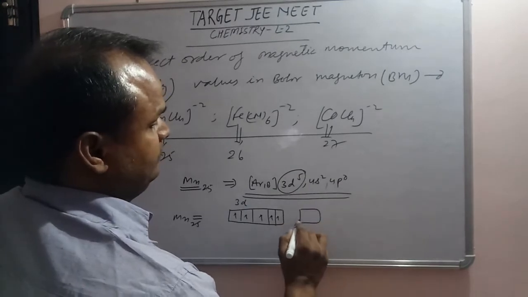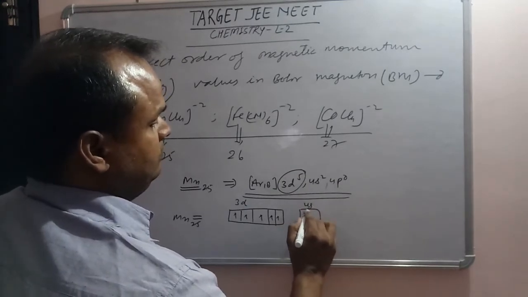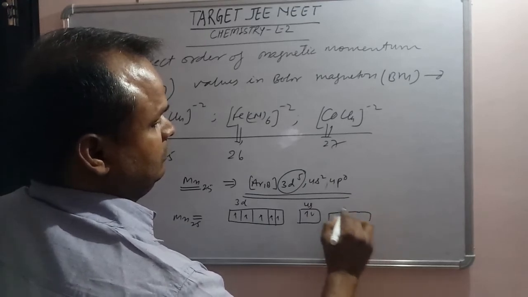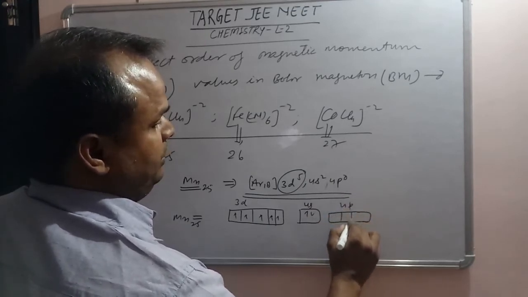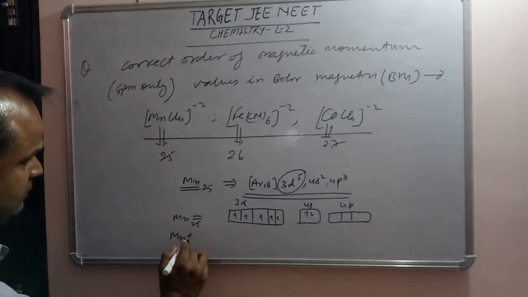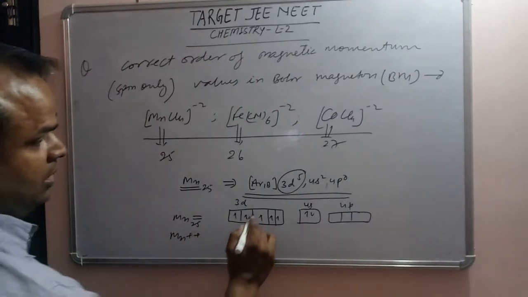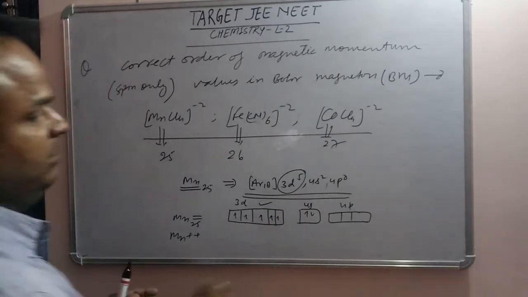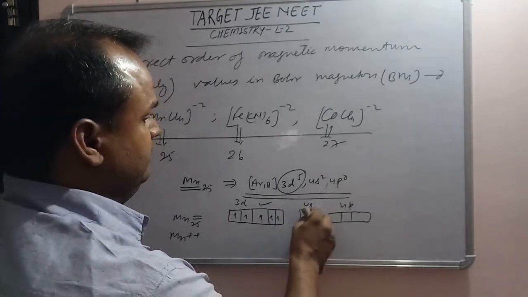Then 4s, 4p. For Mn plus plus plus plus, this remains the same, and electrons can be removed from here like this.